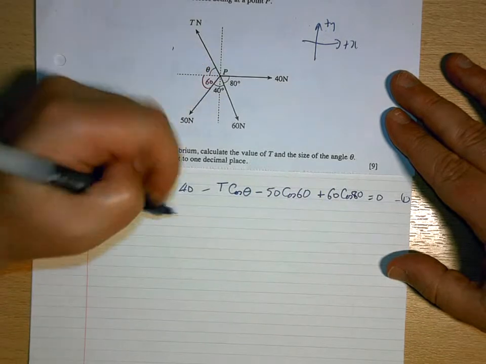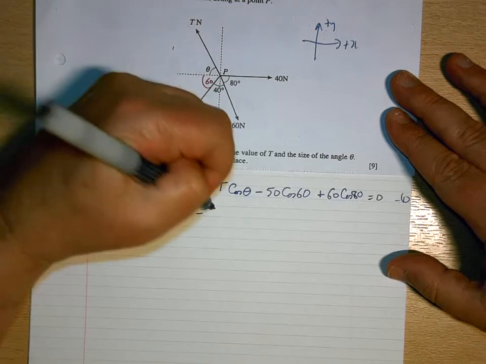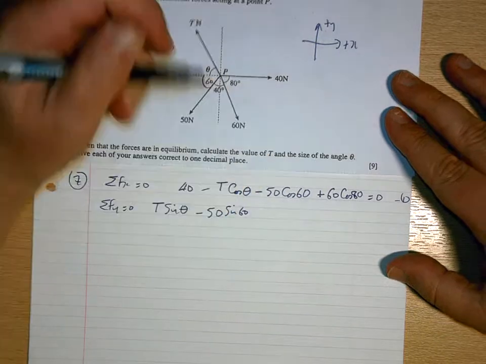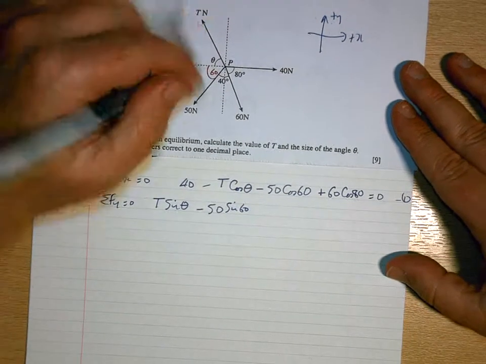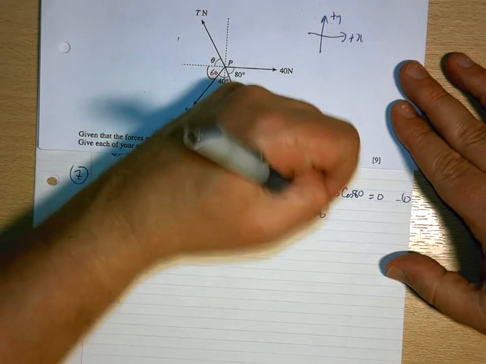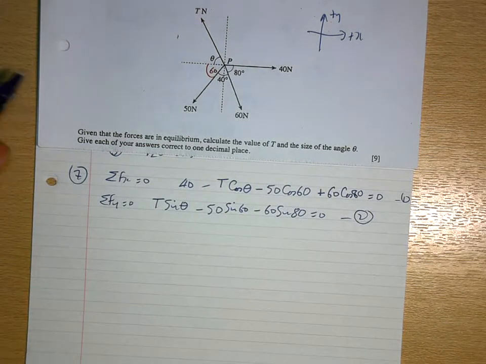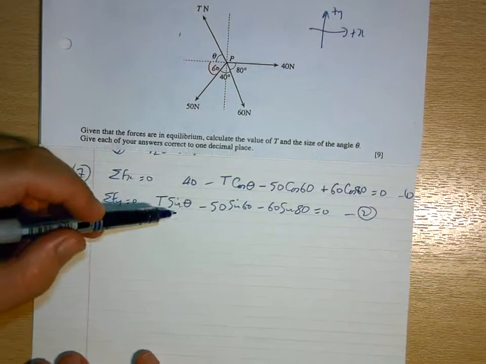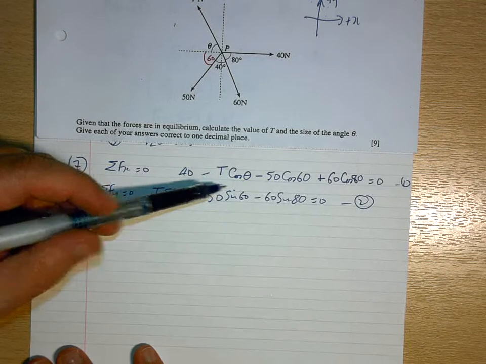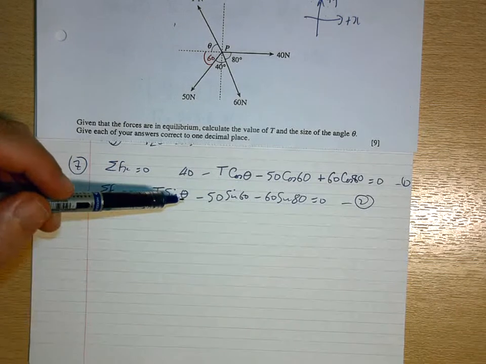I'm going to have t sine theta minus 50 sine 60 minus 60 sine 80 equals 0. Now this time we don't know t or theta. So the method that we use here is to rearrange that to give t cos theta equals, rearrange that to give t sine theta equals, and then I'll talk about what we can do from there.